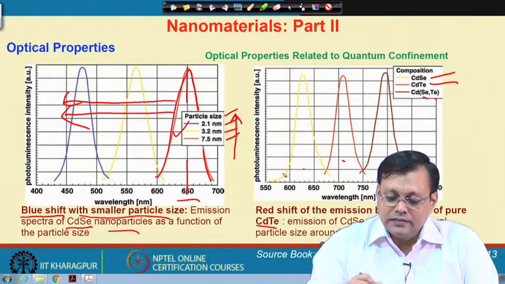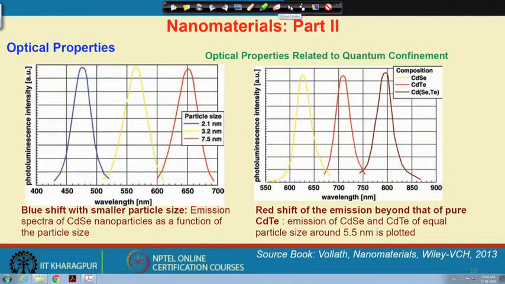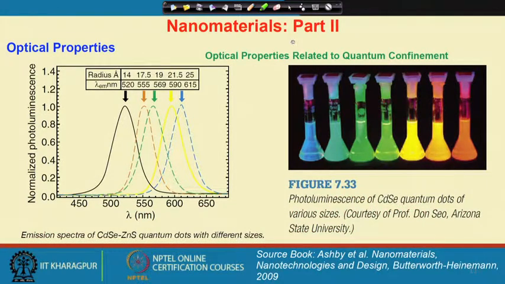We started with cadmium selenium, and by changing its composition the wavelength goes towards the red side. This is the red side and this is the blue side. So, we can change optical properties due to the quantum confinement, because electrons are confined in a particle because of this effect.